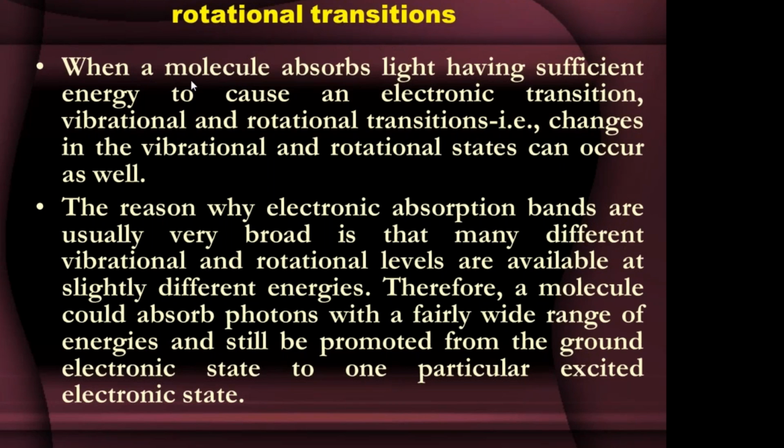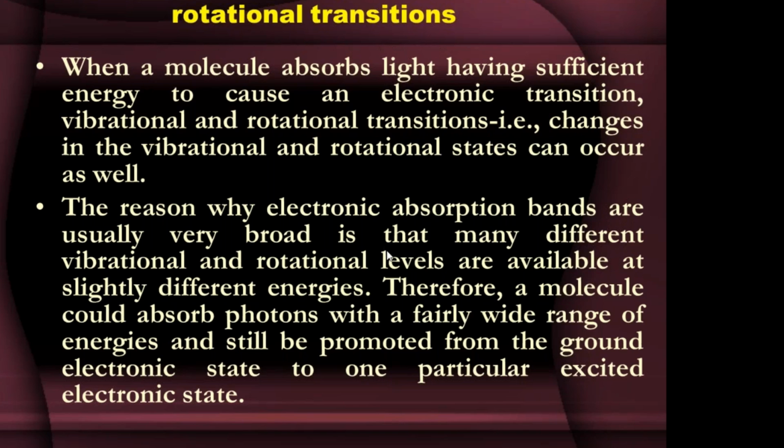So now we see combined electronic, vibrational, and rotational transitions. When a molecule absorbs light having sufficient energy to cause an electronic transition, changes in vibrational and rotational states can occur as well. I just showed you in the previous slide.